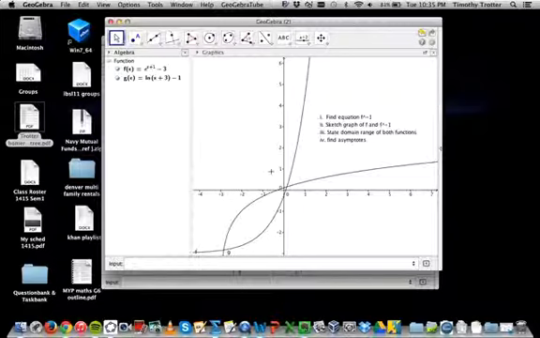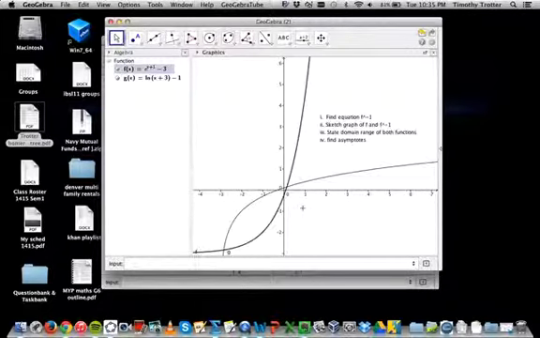Looks like we were successful, and now it wants us to state the domain and range of both of them. Going back to our original function, the exponential function, the domain goes infinitely to the left and to the right. It doesn't look like it goes to the right very quickly, but it does go to the right infinitely far. So the domain is all real numbers.